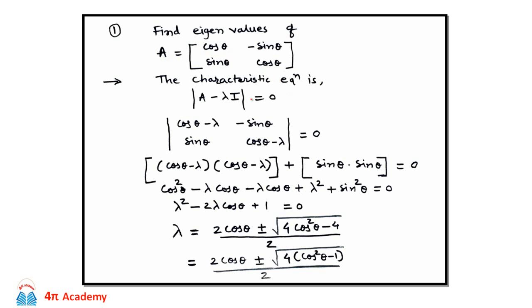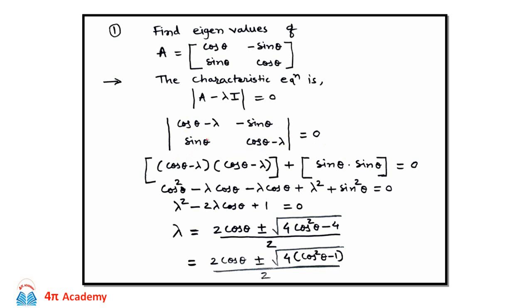Now the characteristic equation of this matrix is mod of A minus lambda I is equal to 0. So the determinant of A minus lambda I will be cos theta minus lambda, minus sin theta, then sin theta, cos theta minus lambda, equal to 0.